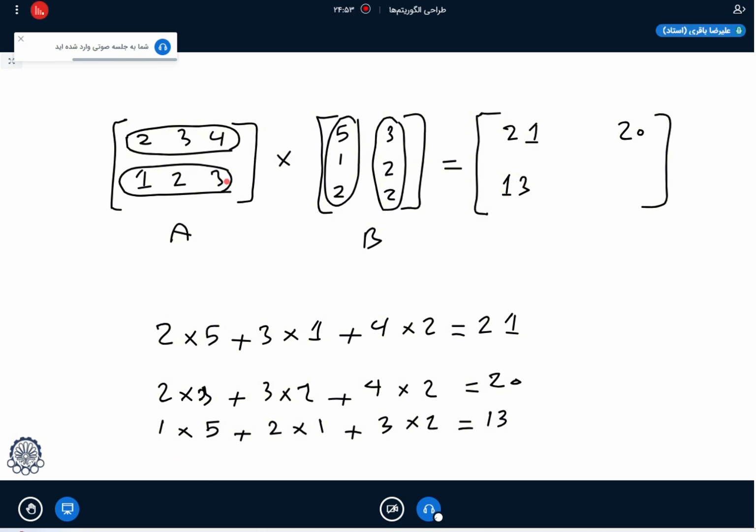And the second row of A is multiplied by the second column of B. 1 is multiplied by 3 plus 2 is multiplied by 2 plus 3 is multiplied by 2. This is 13 again.